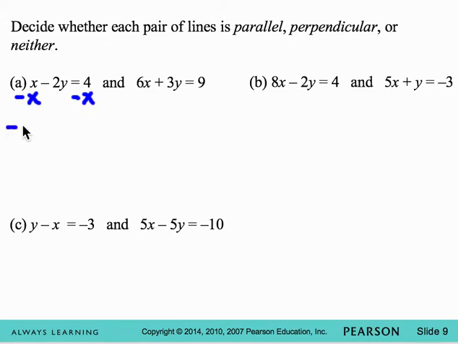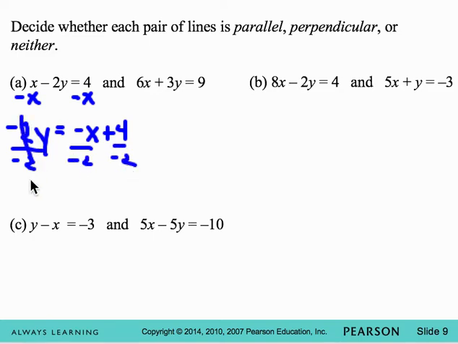That means I have -2y equals -x plus 4. Let's divide by -2 all the way across so that we have y equals positive 1/2 x minus 2. So the slope of this line is 1/2.